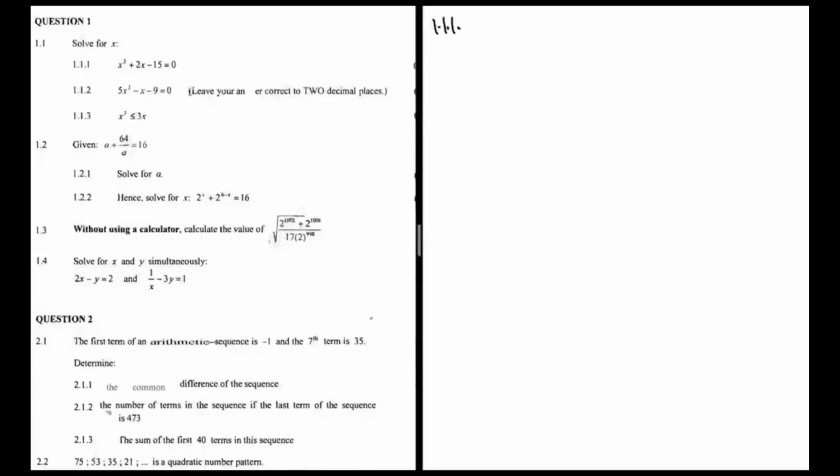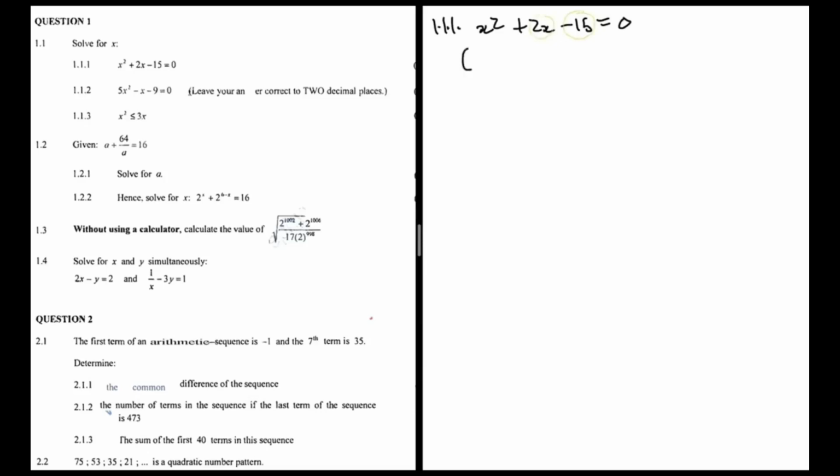1.1.1, we have x squared plus 2x minus 15 equals 0. Now the question I ask myself is, which two numbers do I multiply to give me minus 15, but when I add them they give me 2? Clearly that is minus 3 and 5, right?